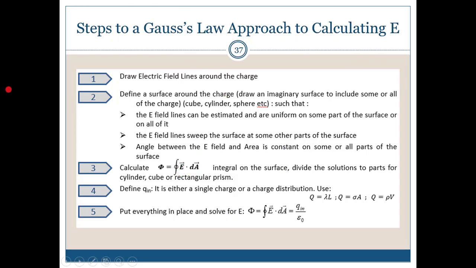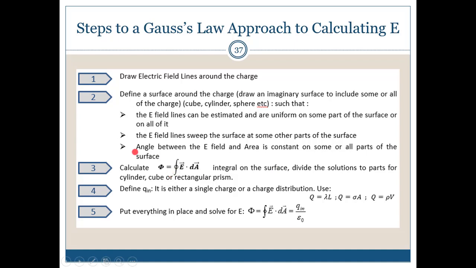So if I was to calculate flux through the surface with E fields on the plane of the surface, then E dot dA is 0. So it's predictable, it's 0. But a flux equals 0 is not going to help us solve for an electric field, but we can use it maybe on some part of our surface. So if we have a cube, if we have a cylinder, they have multiple surfaces to work with. So maybe we can have that on some parts of our closed surface.